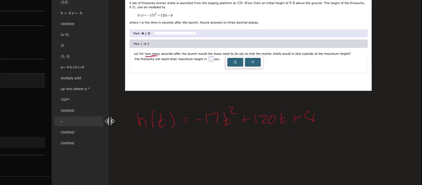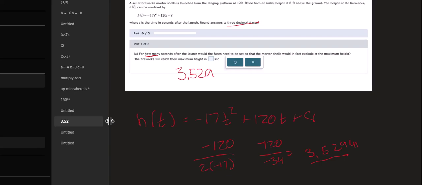So minus b over 2a: minus 120 over 2 times negative 17, minus 120 over negative 34, and I get 3.52941. It says round to 3 decimal places, so 3.529.